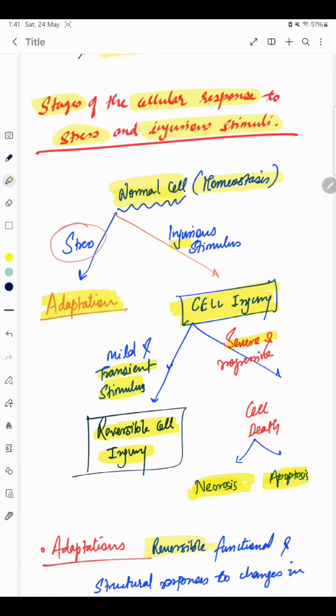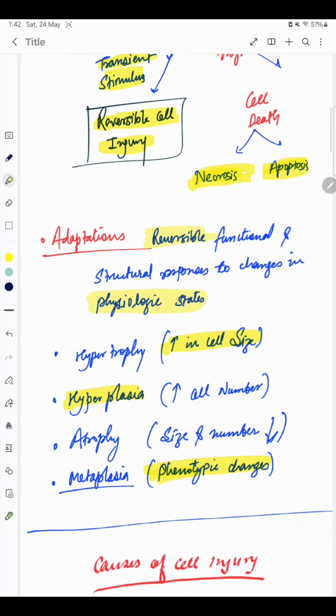When this normal cell is exposed to a stress, it will undergo adaptation. Adaptations are reversible functional and structural responses to changes in physiological state. What are the adverse stress conditions a cell faces?